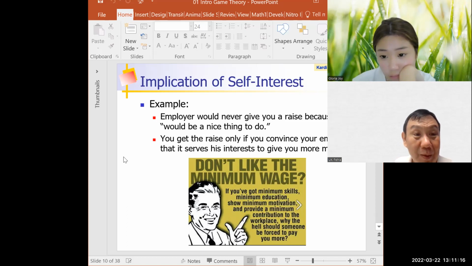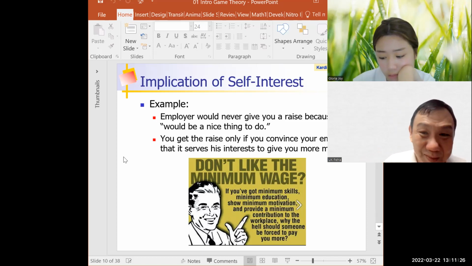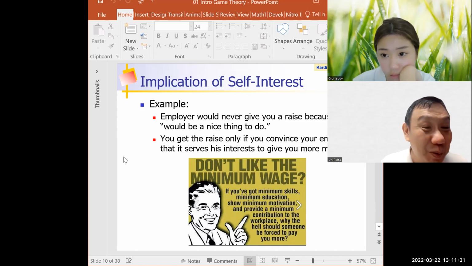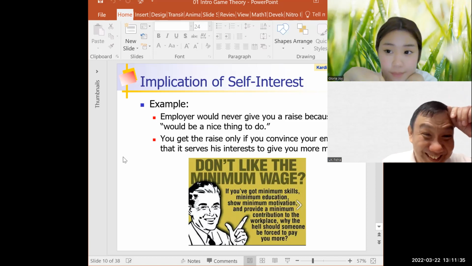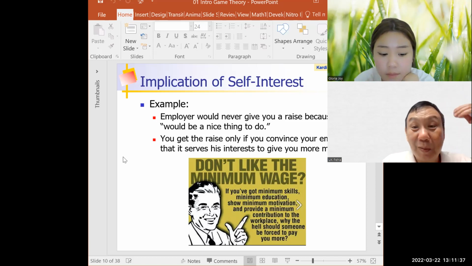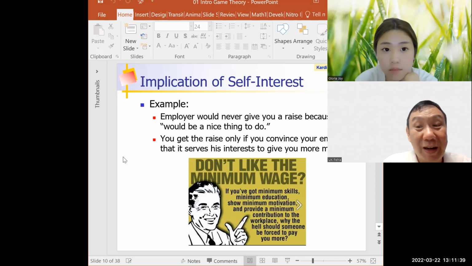Example, okay? So the employer would like, say the worker will say, oh, give me a raise, right, in my salary. Okay? Why? Because it's a nice thing to do. Nice thing to do. It will not happen. Okay? So the employer will never give you a raise because it would be a nice thing to do.